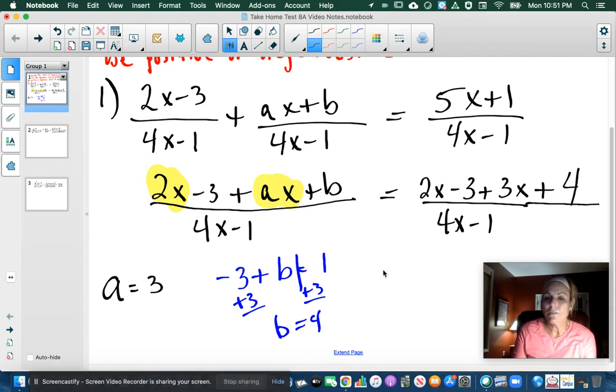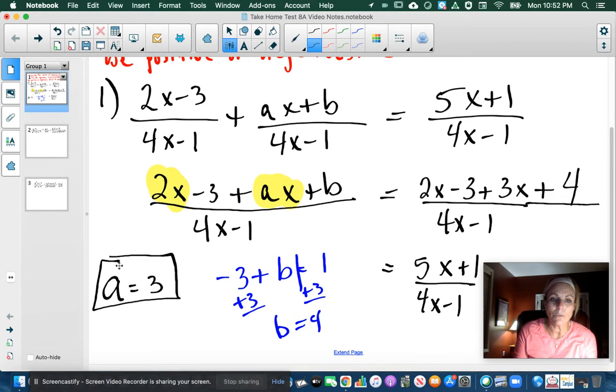Well, let's see if that works. 2x plus 3x, that's 5x. Negative 3 plus 4, that's a positive 1, all over 4x minus 1. So we found that A is equal to 3 and B is equal to 4. That's exactly what we're doing on number 1 on the take-home test.